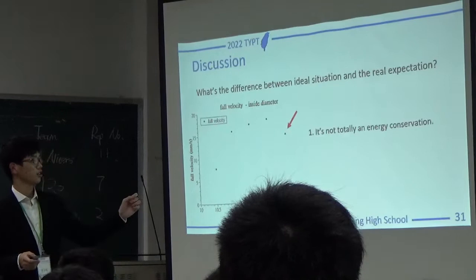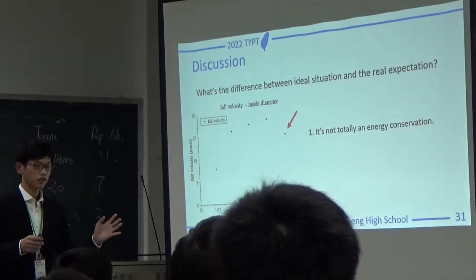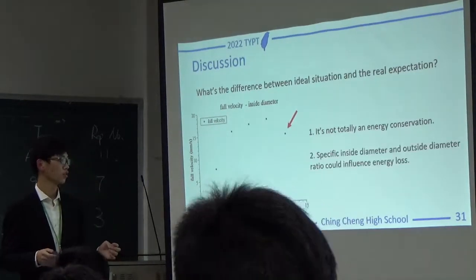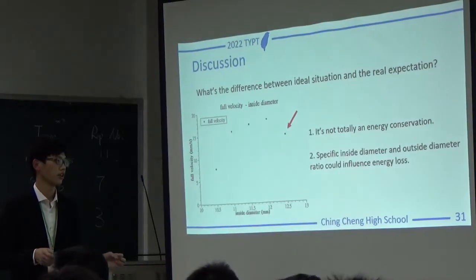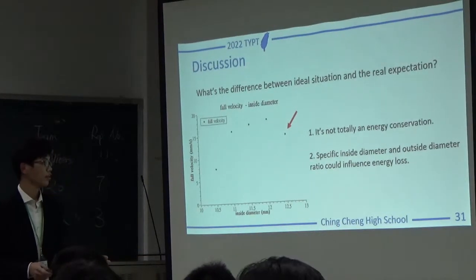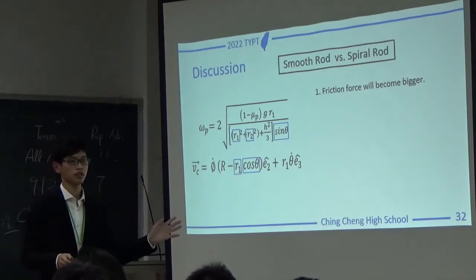As you can see, it is not totally energy conservation, which was ignored in our previous assumption. Also, a specific inside diameter to outside diameter ratio will influence the energy loss. And here's the comparison of the smooth rod and the spiral rod.